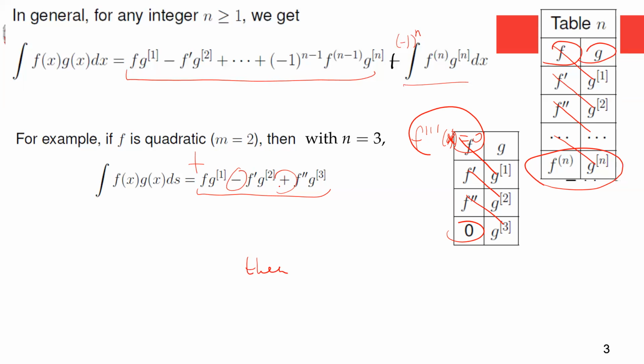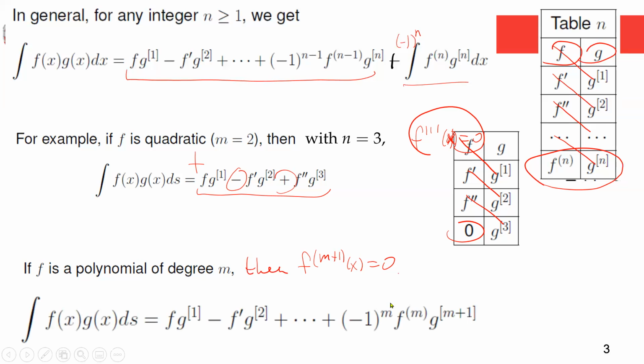That's pretty handy. And more generally, if you have a function f that's a polynomial of degree m, then we know that if you take the derivative of this function m plus 1 times, we're going to get 0, right? So that means if we apply the formula above at the top of this page with n equal to m plus 1, then the integral will be 0, and so we only have the first n terms.